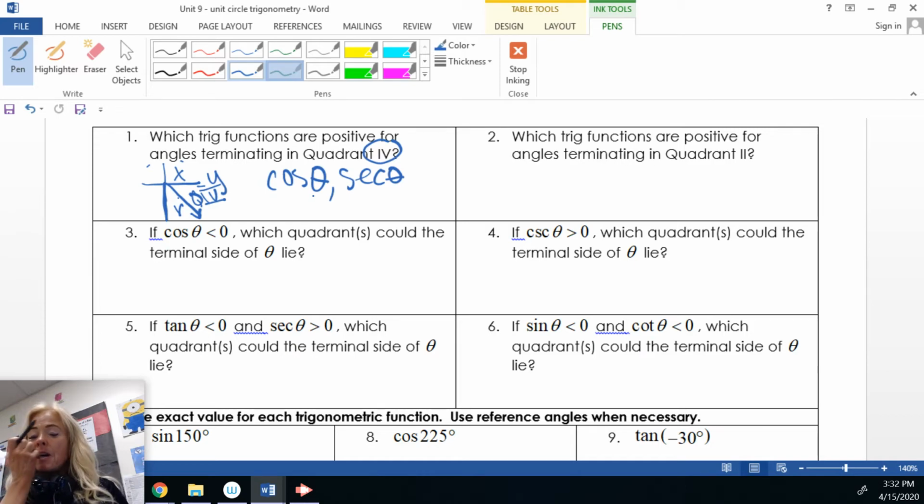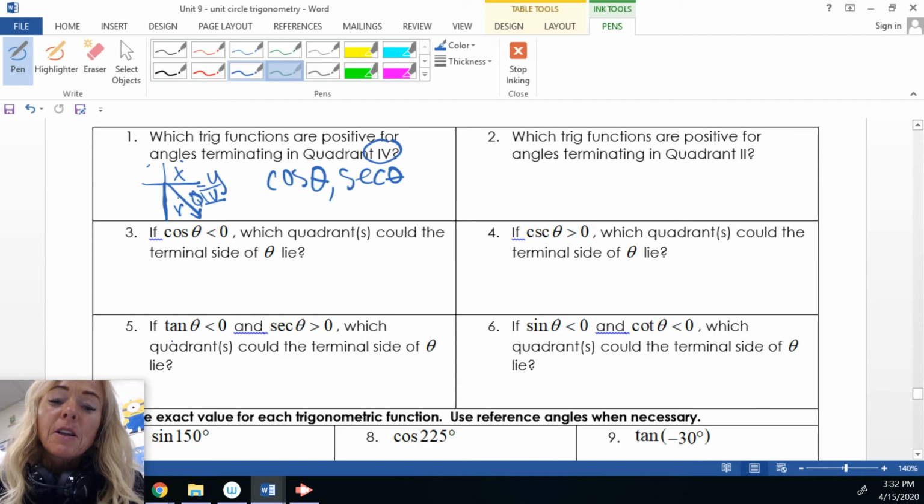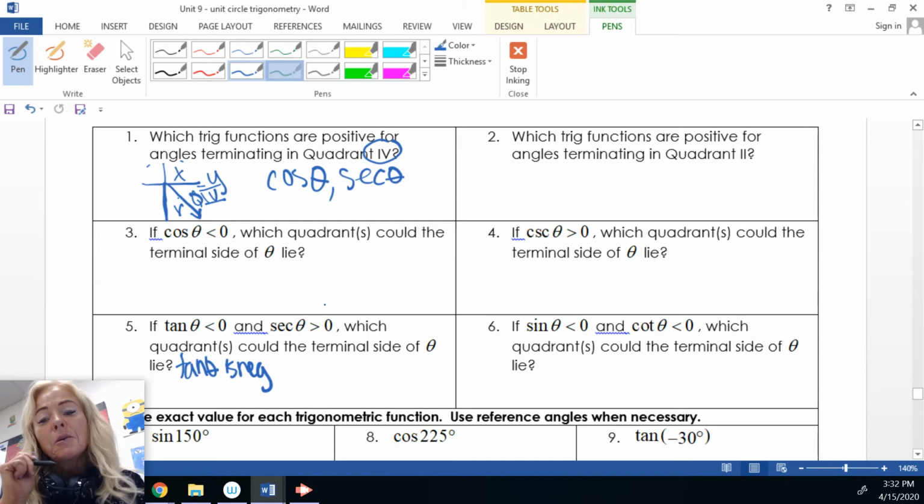If you look at number 5, if tangent theta is less than 0, that means tangent theta is negative, and secant theta is greater than 0, that means positive. Now, if secant theta is positive, then cosine, its reciprocal, cosine theta is positive.